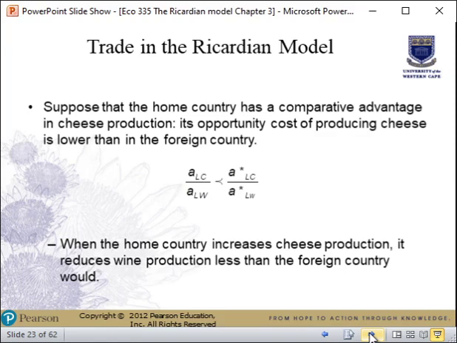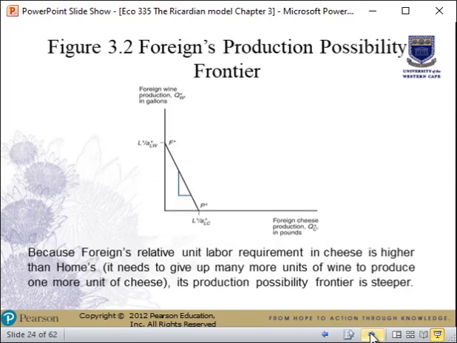Therefore, when the home country increases cheese production, it reduces wine production less than the foreign country would. Since the slope of the PPC curve indicates the opportunity cost of cheese in terms of wine, the foreign PPC curve will be steeper than that of home.